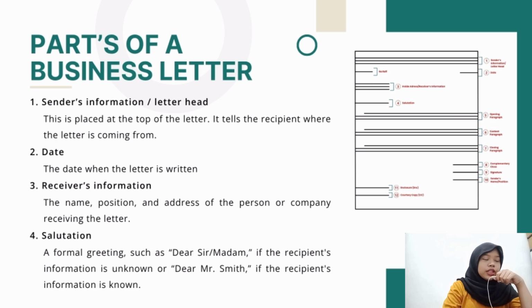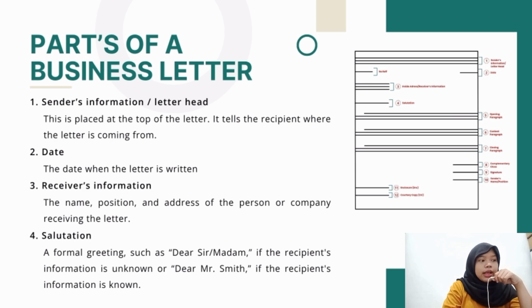1. Standard information or letterhead. This is placed at the top of the letter. It tells the recipient where the letter is coming from. 2. Date. The date when the letter is written. 3. Receiver's information.